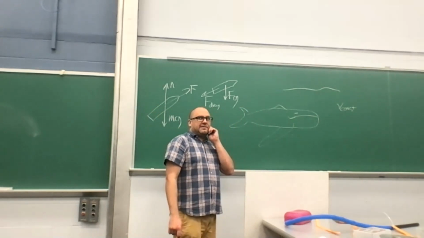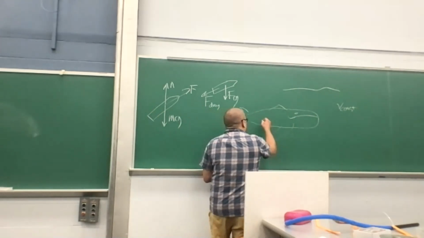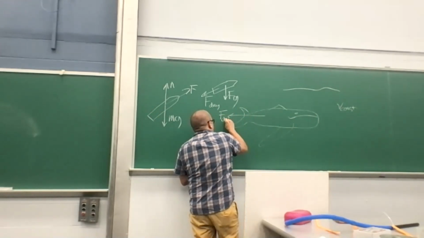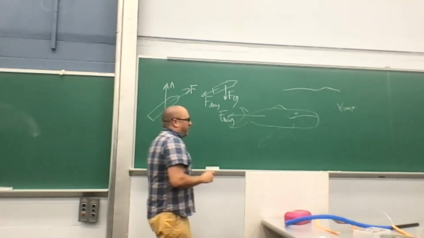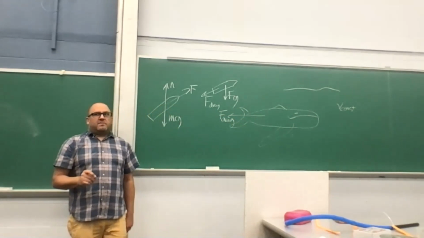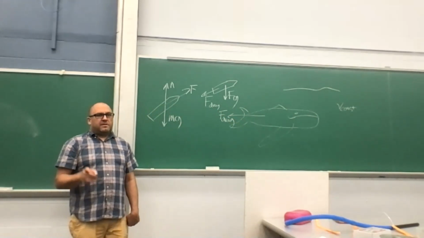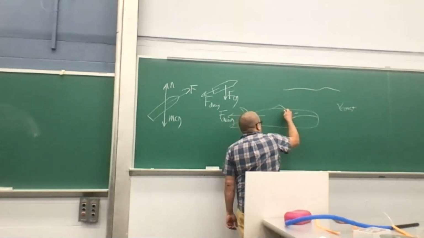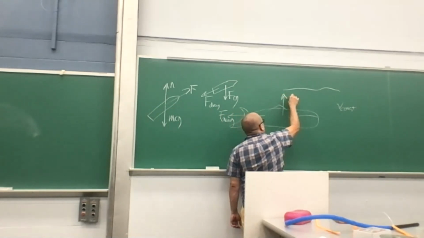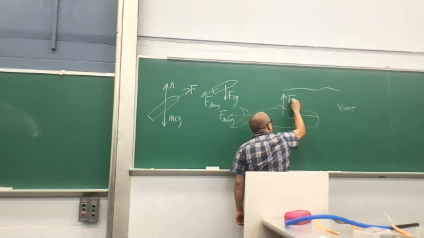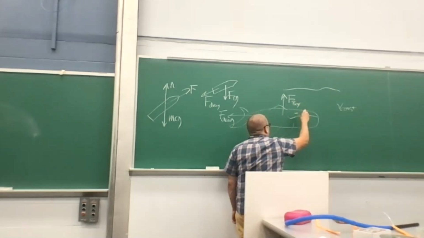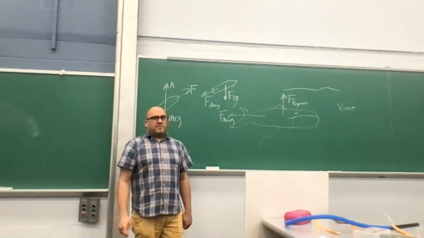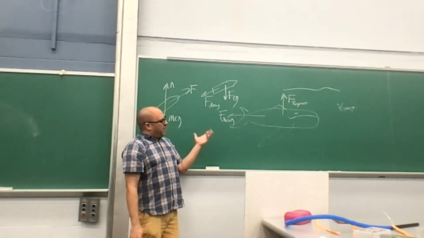Yes. There will definitely still be drag on the whale. So we'll have the force of drag. What other forces are acting on it? Yeah, the buoyant force. What does the buoyant force do? Yeah, it makes it float.